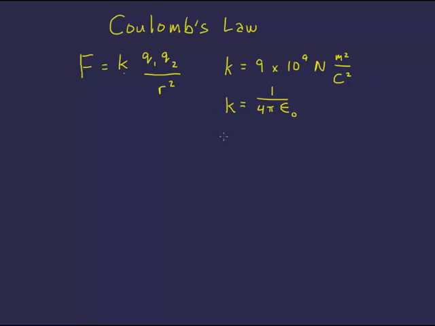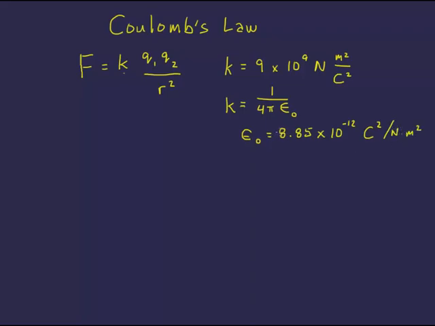It's called the permittivity of free space, and it has a value of 8.85 times 10 to the negative 12 Coulomb squared per Newton meters squared.